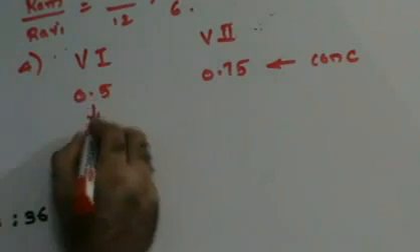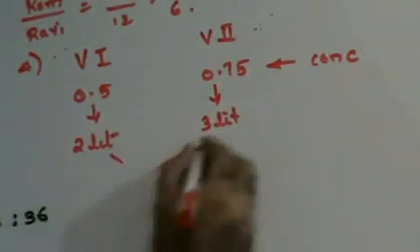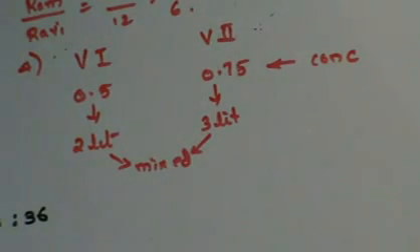If 2 liters of the first vessel and 3 liters of the second vessel are mixed, what will be the ratio of spirit and water in the resultant solution?